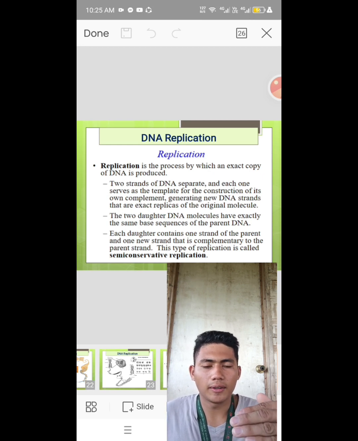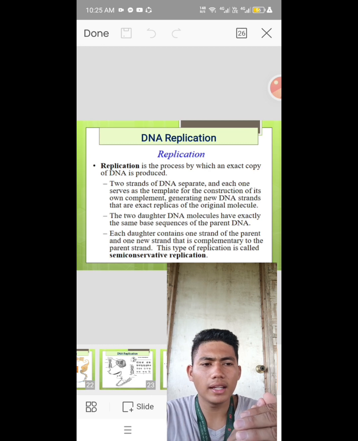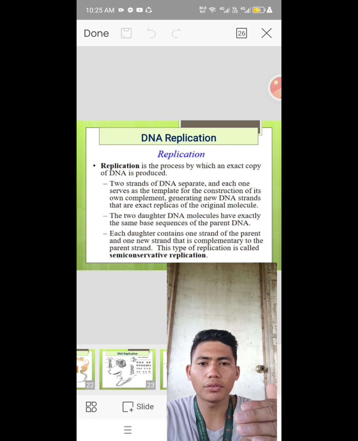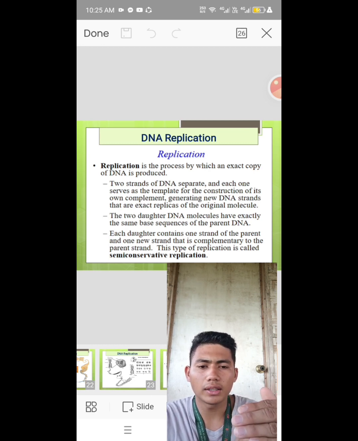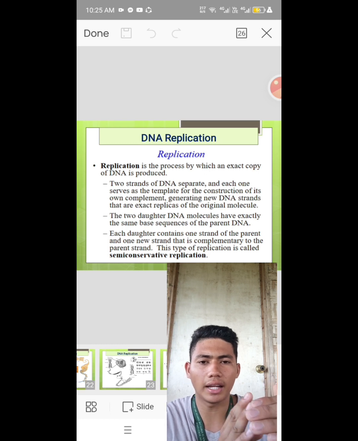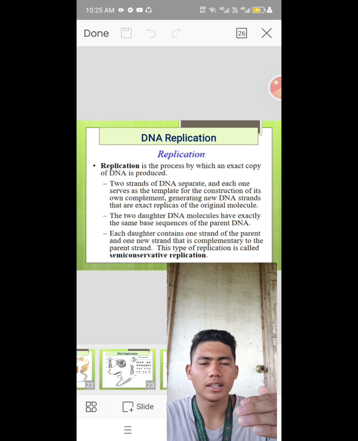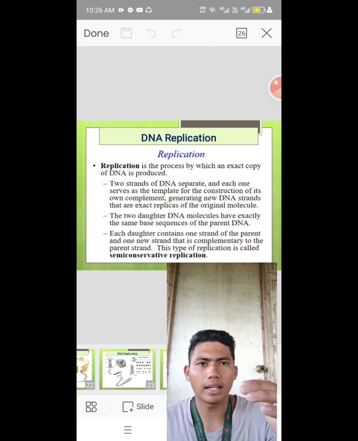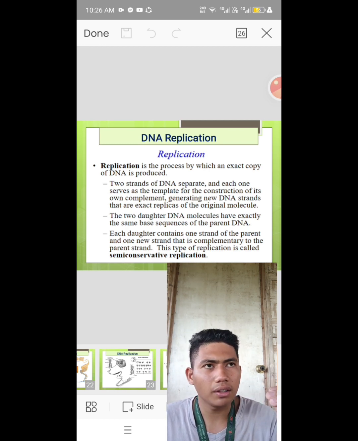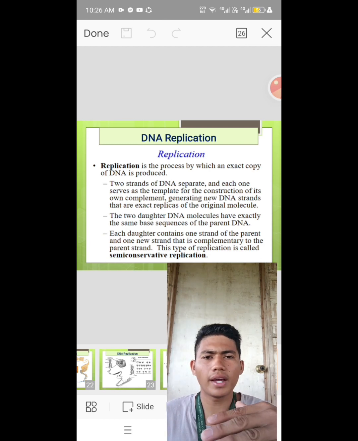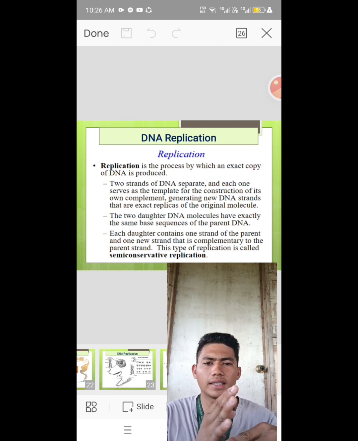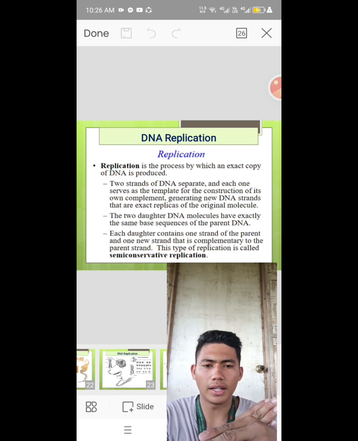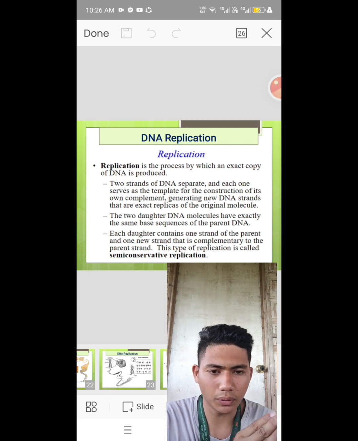It will be the template in order to produce another DNA. We have the molecules called adenine and thymine, so there we have the template of the exact sequence of the molecule.